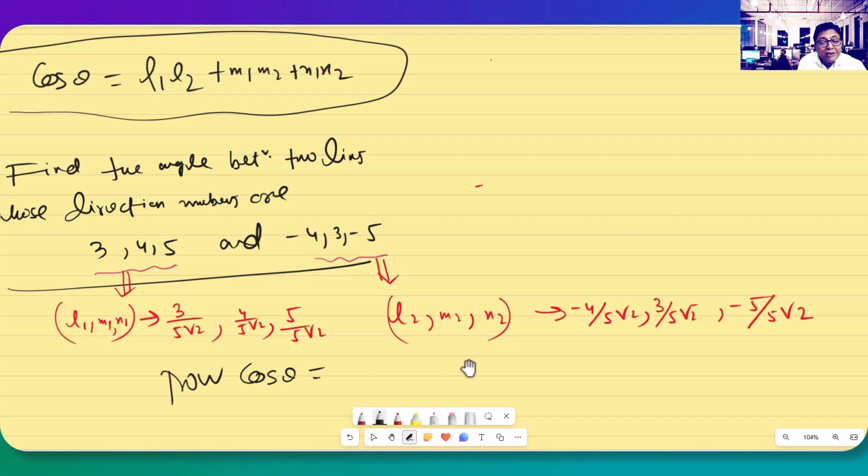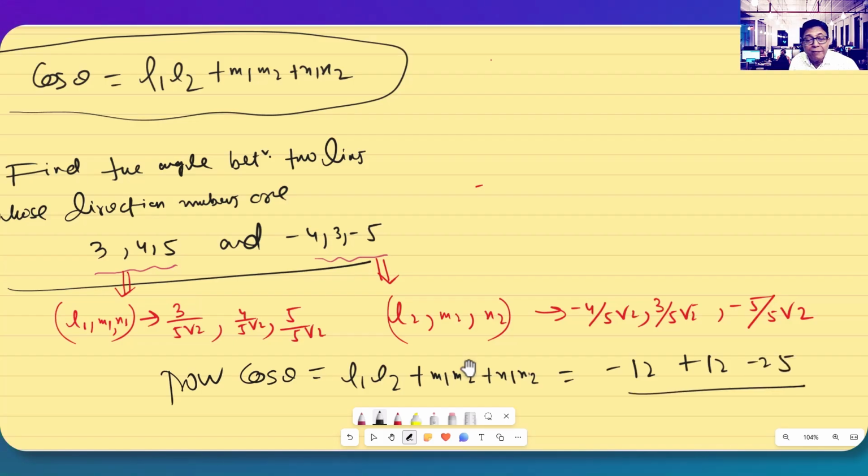Now cos theta is L1 L2 plus M1 M2 plus N1 N2. Just do it. This is minus 12 plus 12 minus 25 and denominator square and add it. So 50.